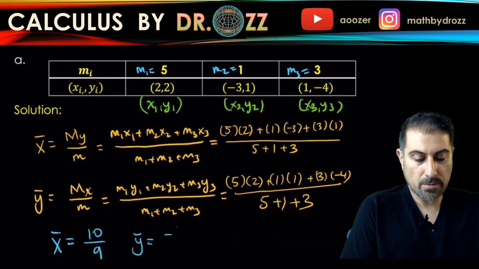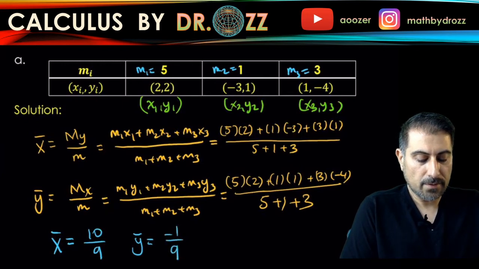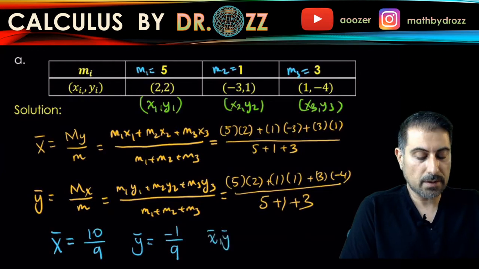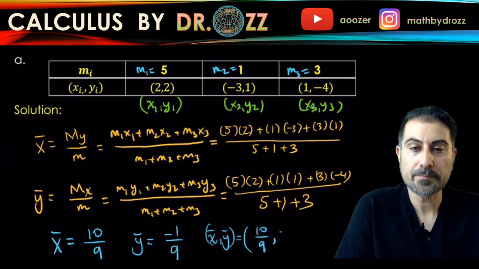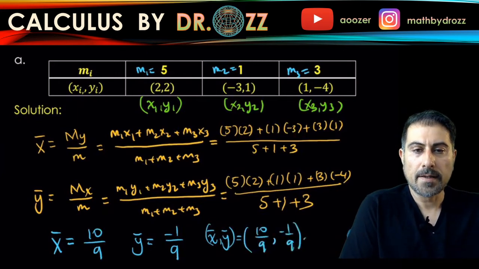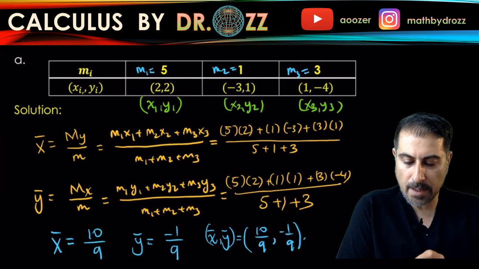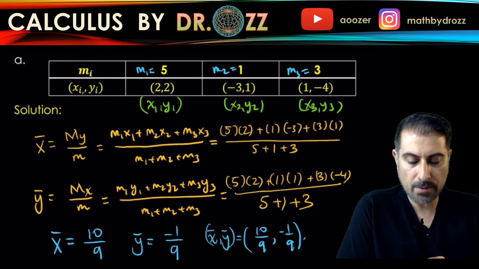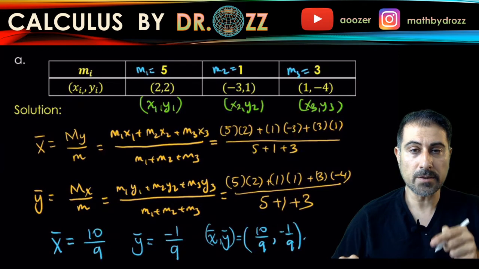All right, so the center of mass is going to come with the coordinates 10 over 9 and minus 1 over 9. All right, so I think that takes care of part A. Let's finish part B as well in the same video. Let me just copy those formulas down there, and I'll see you at the next slide.